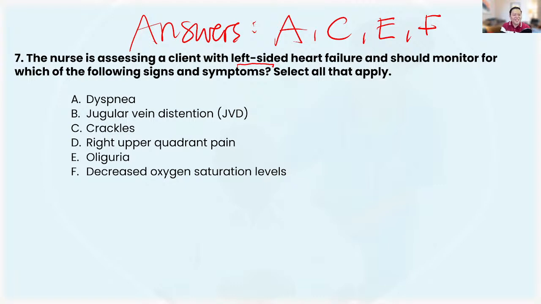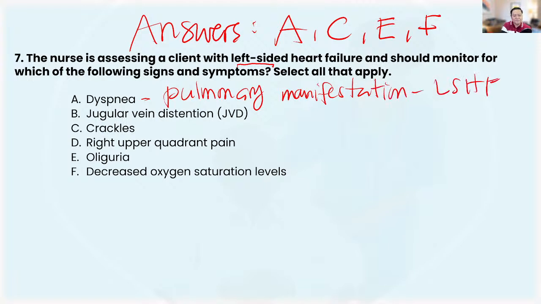All right, why letter A? Let's start with letter A, dyspnea. Remember that when we are thinking about left-sided heart failure, it's a pulmonary manifestation. What about letter B, jugular venous distension? This is going to be wrong because it is related to right-sided heart failure. What about the crackles? This is pulmonary, right?